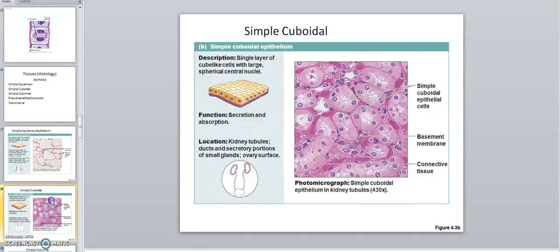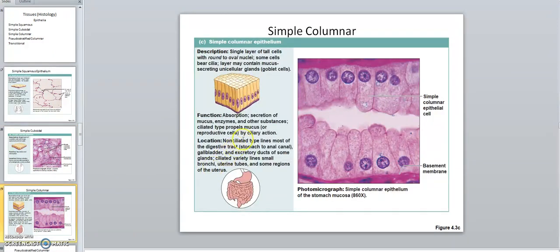Okay. You've seen this before. That's from the kidney. That's a simple cuboidal. They're as tall as they are wide. Taller than they are wide. Columnar. Nice for absorption. We generally find it in the gastrointestinal tract.